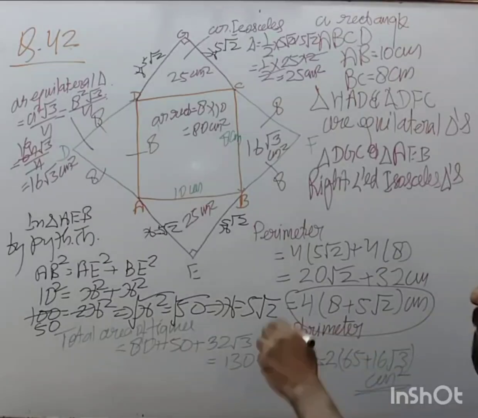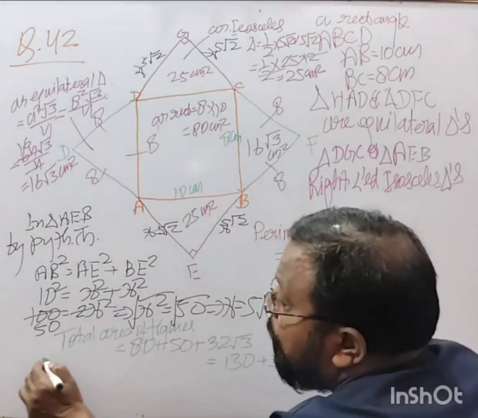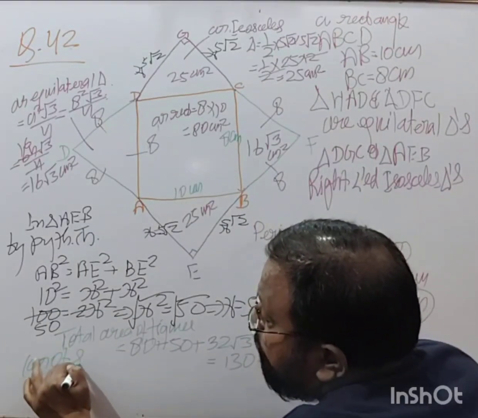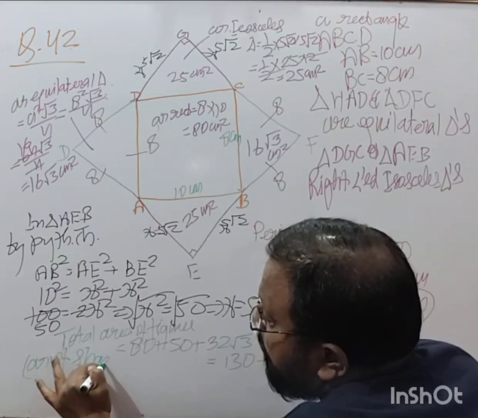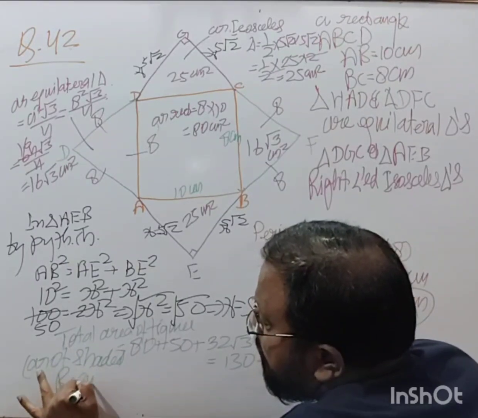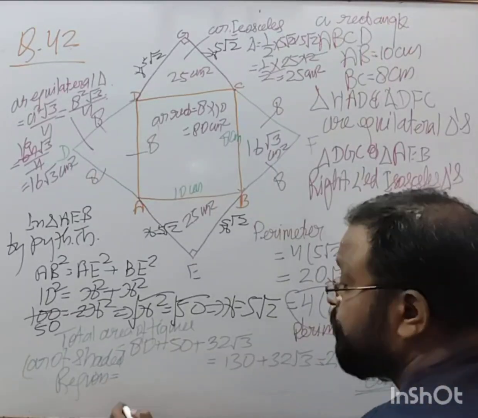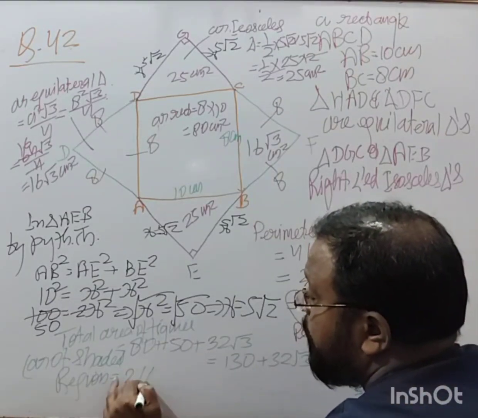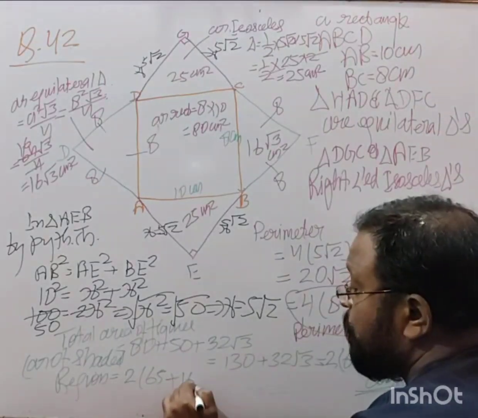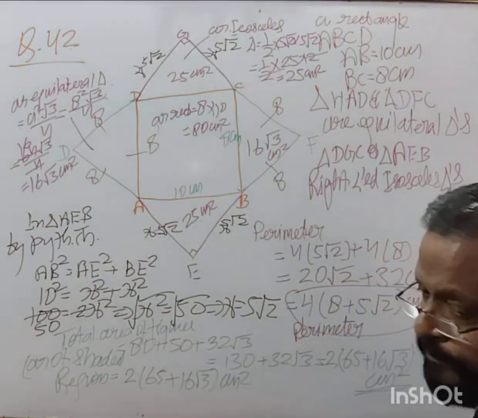This is the area of the shaded region, or we can say area of the shaded region is equal to 2 bracket 65 plus 16 root 3 centimeter square.